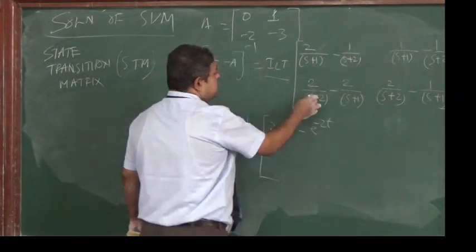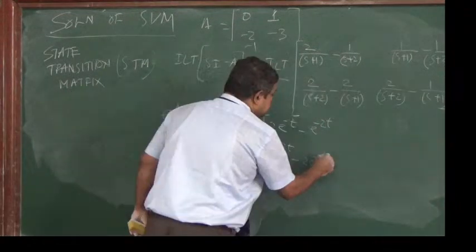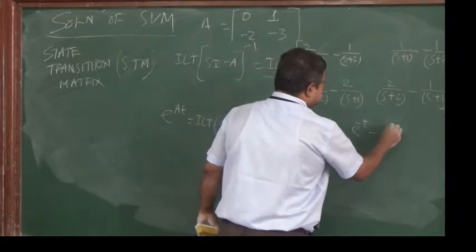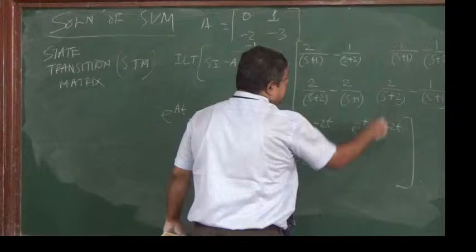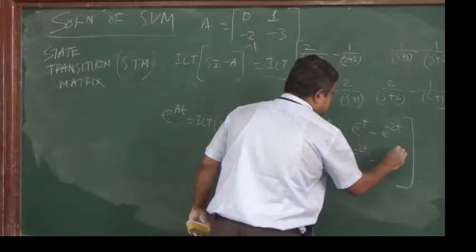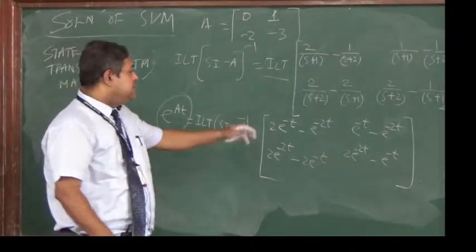This is 2 e raised to minus 2t minus 2 e raised to minus t. Here it is 1 by s plus 1, that means e raised to minus t minus e raised to minus 2t. And lastly 2 by s plus 2, so 2 e raised to minus 2t minus e raised to minus t. So this is what is called the state transition matrix, and this is how to find it.